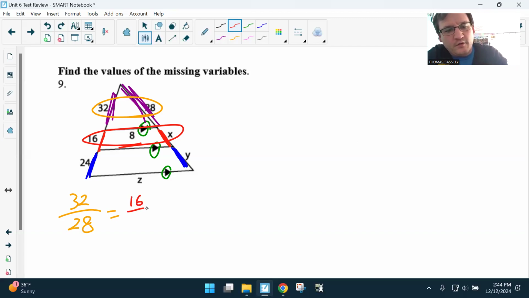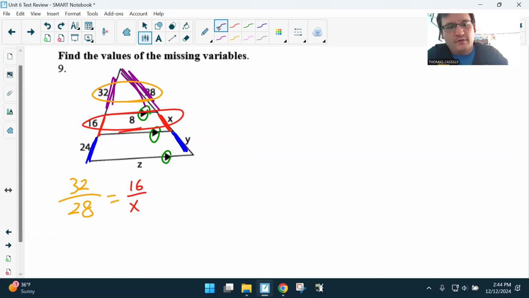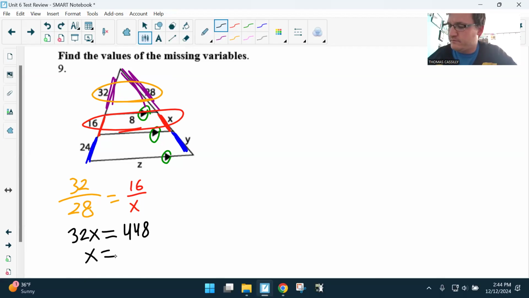Left side goes on top, right side goes on bottom, cross multiply them out. So you got 32x equals 28 times 16. It's 448. Divide away 32. What does that give us? 14. So x is 14.